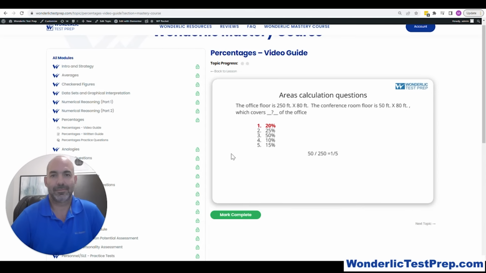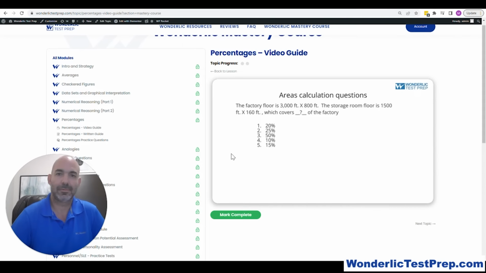Let's see a more complicated version. The factory floor is 3,000 feet times 800 feet. The storage room floor is 1,500 feet times 160 feet, which covers of the factory. Rushing into calculating the actual areas will be a very long way to go.